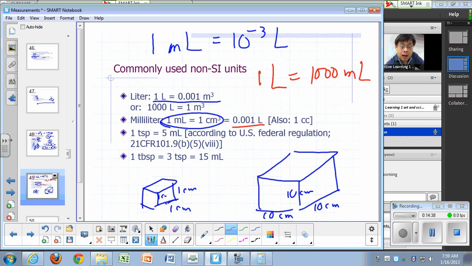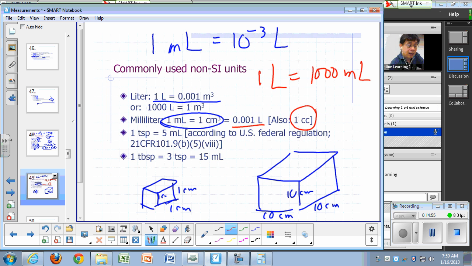So it's more popularly referred to in the medical field as a cc, cubic centimeters. So if you imagine a cube that's 1 centimeter on each side, that's 1 milliliter. If it's 10 centimeters on each side, then that's going to be 1,000 times bigger. That's a liter.